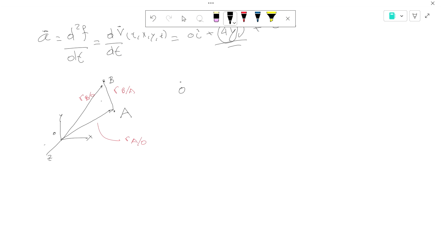If you take the derivative with respect to time of the distance of B with respect to O, you're going to get the velocity of B with respect to O. But how is that with respect to A, which also has a distance? So picture A is moving towards the moon, and B is a satellite moving around the Earth, and O, the Earth, is moving around the sun.